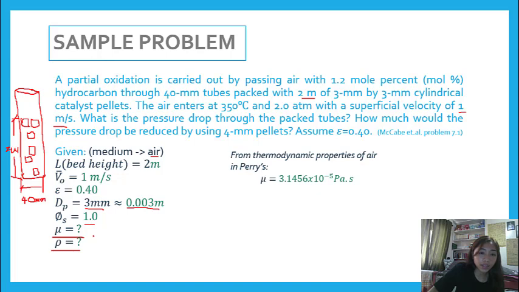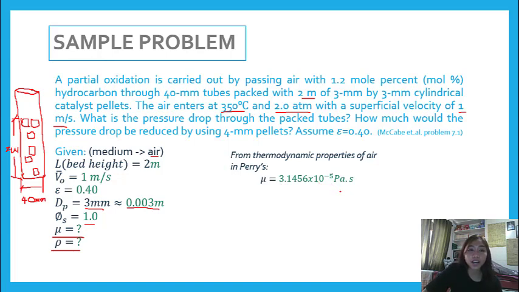Since we are given air, and given its temperature and pressure, we can find the viscosity of air from the thermodynamic properties of air in Perry's. We can get it there. The value I got is 3.1456 times 10 to the power of negative 5 Pascal seconds.